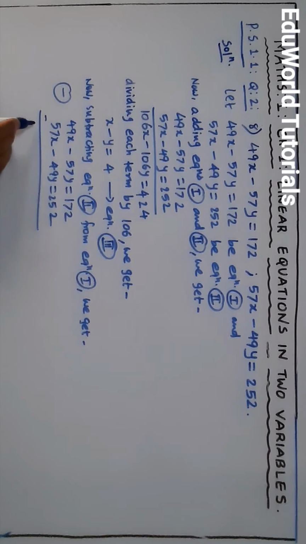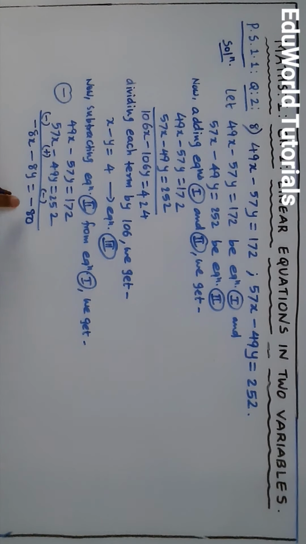What we get? We get minus 8x, then minus 57y. Now this is negative 49y, it will become positive. So minus 57y plus 49y will give you minus 8y. And again, from the small number 172 we subtract 252. What we get?